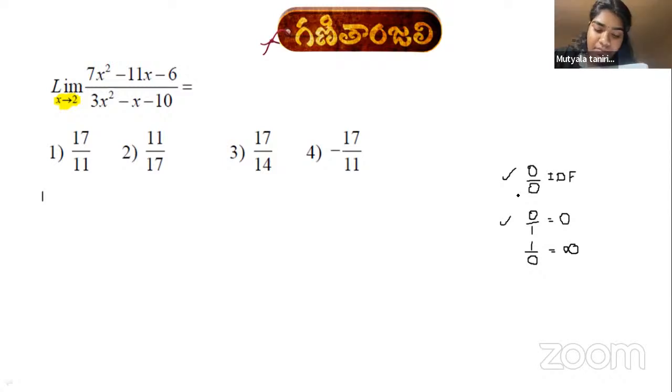We cannot go forward. But 0 by 1 is simply 0. But 1 by 0 is infinity. If we get something by 0, not only 1 by 0, we just write infinity. That's it. The solution is completed.